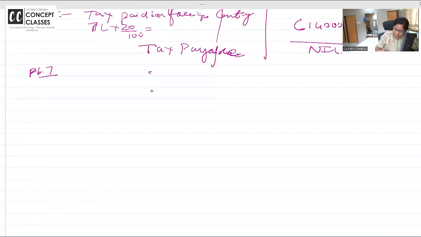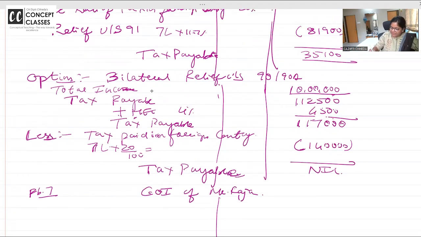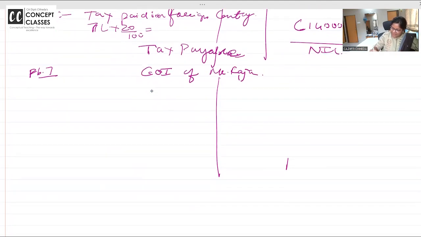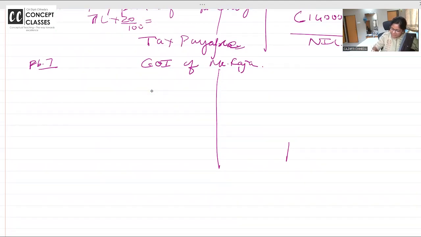Problem number 7. Computation of income and tax of Mr. Raja for the previous year 22-23. Okay, we have to write all the income headwise.